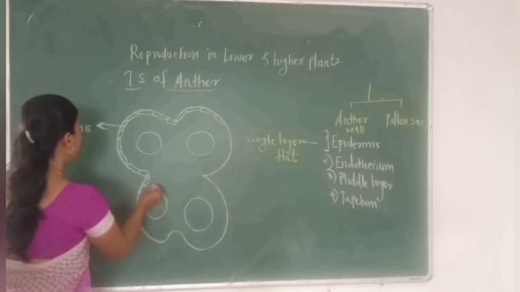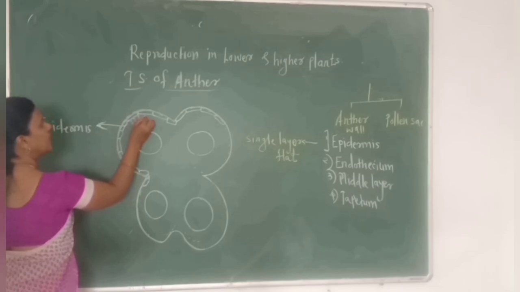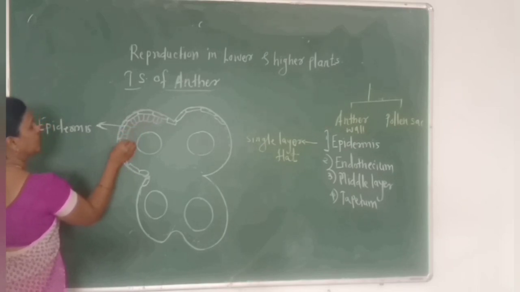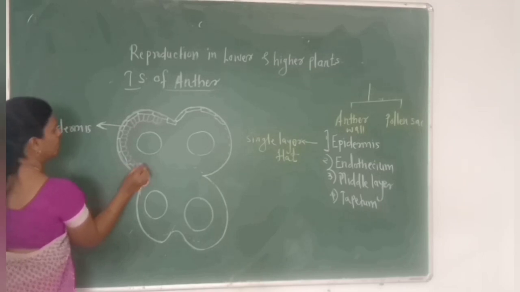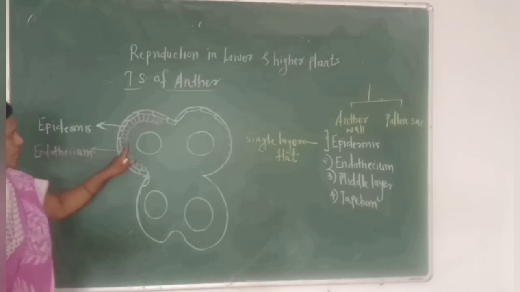Then the second layer is endothecium. Endothecium cells are generally compactly and radially arranged. They are also a single layer. The layer present just below the epidermis is called the endothecium.